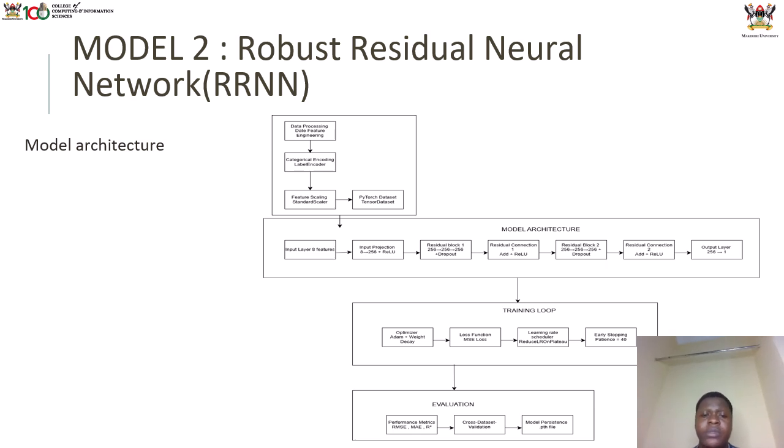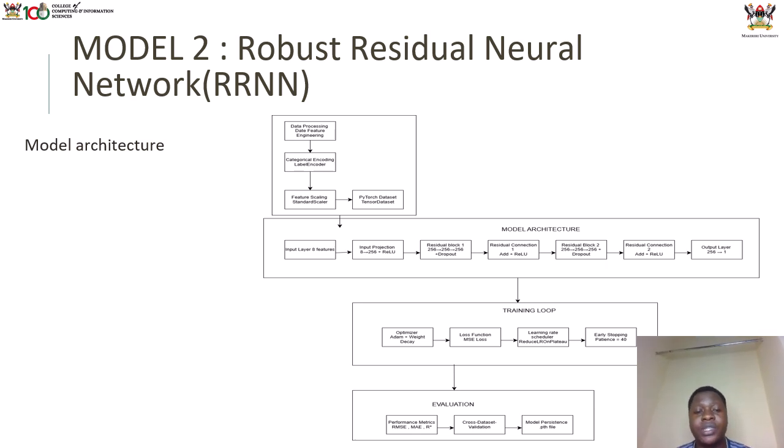The robust residual neural network is a neural network that captures and helps us forecast the actual prices using the relationships established by the graph attention network.